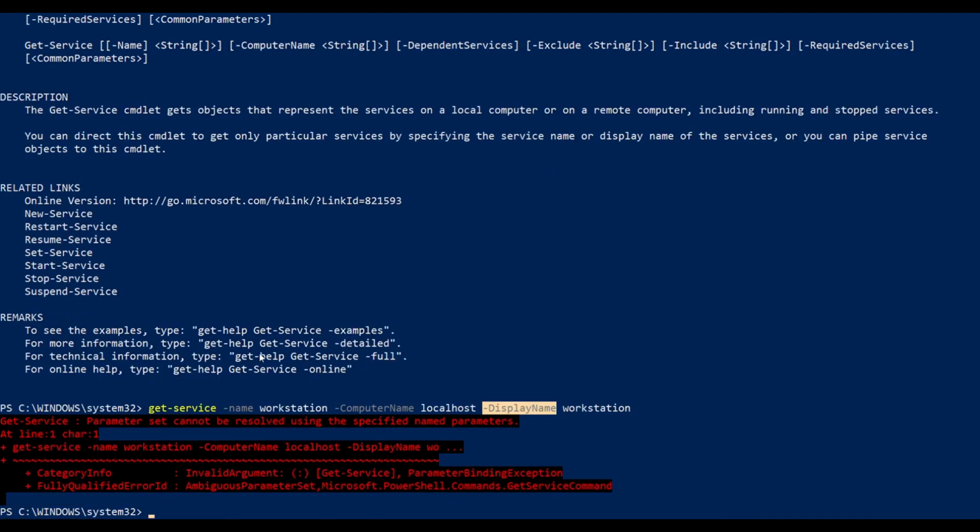That is why it is saying the parameter set cannot be resolved using the specified named parameters. So when you use the parameters, you should determine which parameters should be used in the syntax. For that, we need to open the help document. I hope you understand this concept.